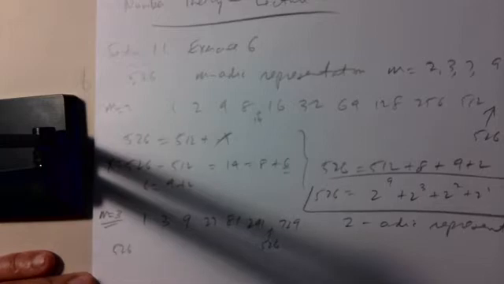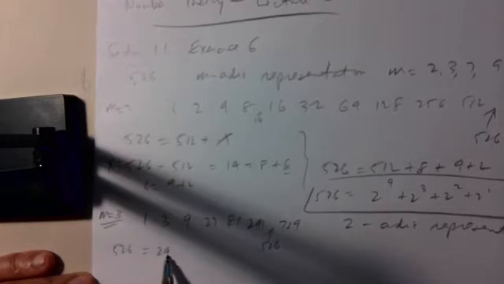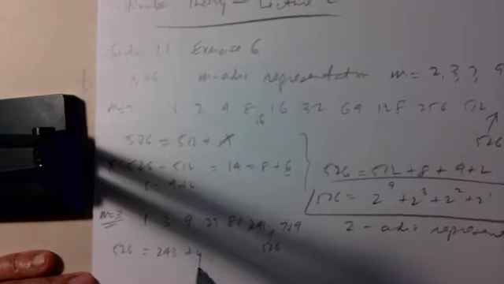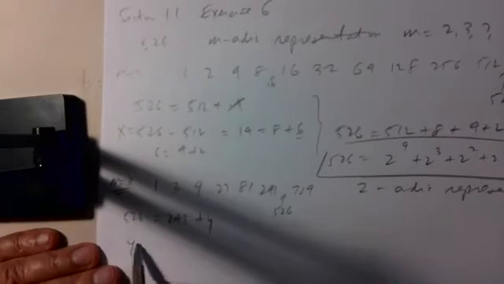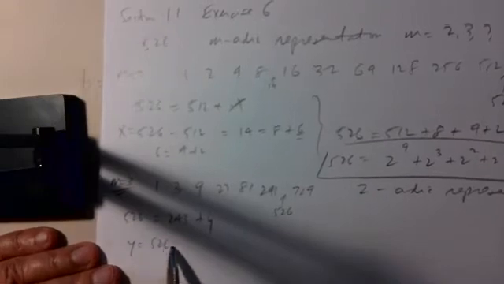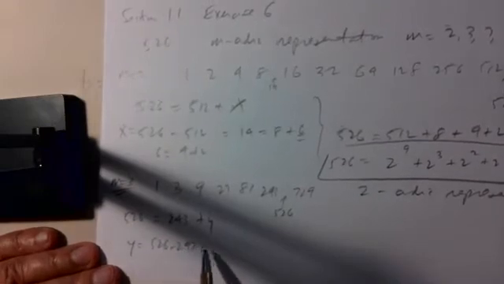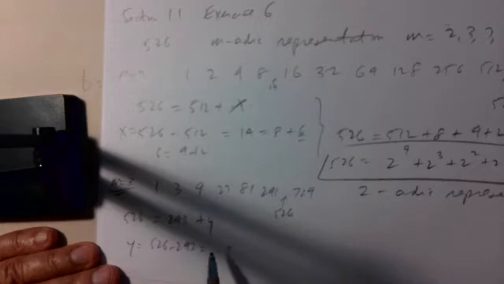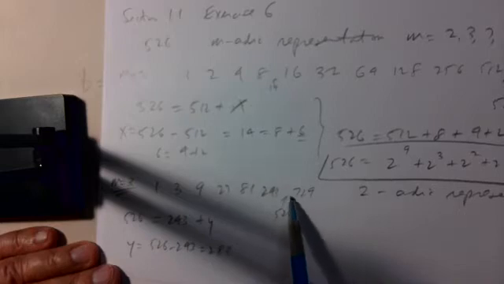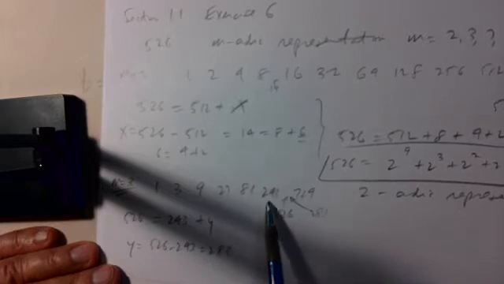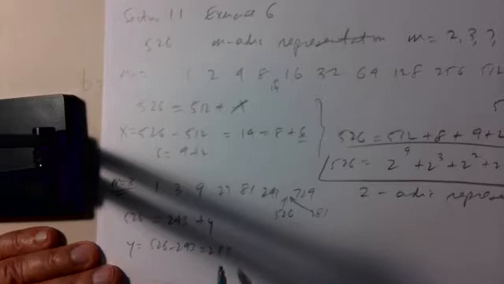So 526, we would write that as 243 plus something. Let me just call it y. And this number y is 526 minus 243. If we subtract, I think we get 283. 283 is also between these two powers of 3.